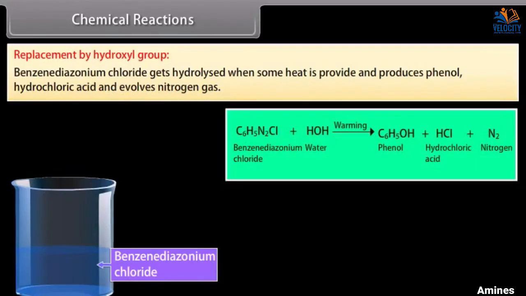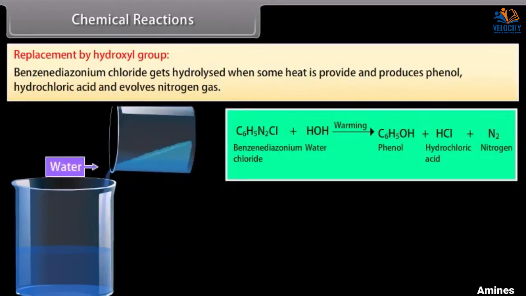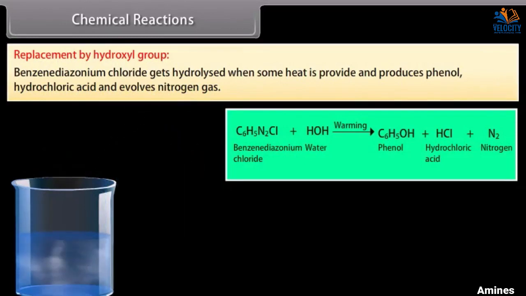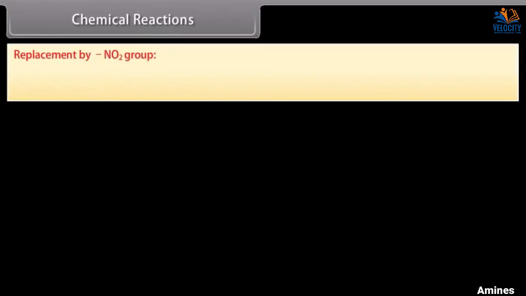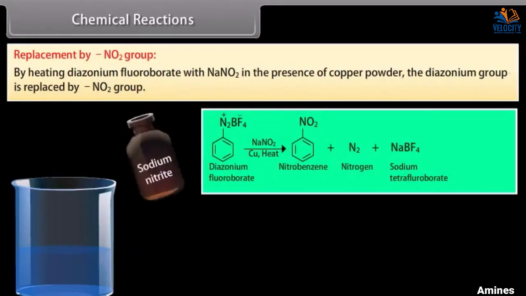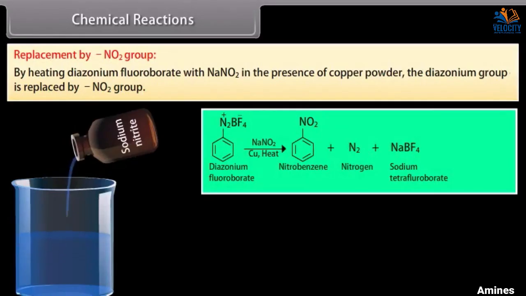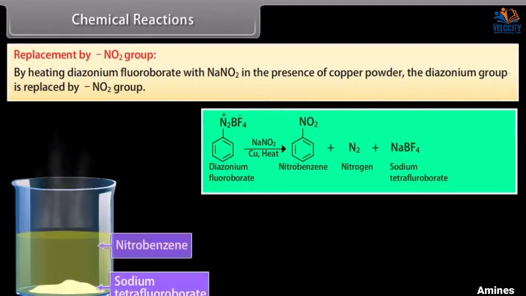Benzene diazonium chloride gets hydrolyzed when some heat is provided and produces phenol, hydrochloric acid and evolves nitrogen gas. Replacement by nitro group. By heating diazonium fluoroborate with sodium nitrite in the presence of copper powder, the diazonium group is replaced by nitro group.